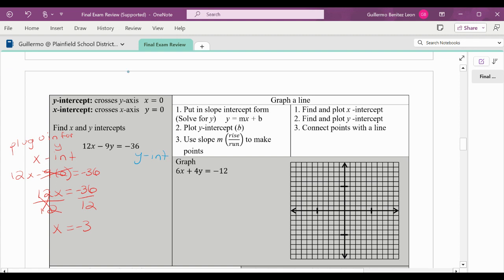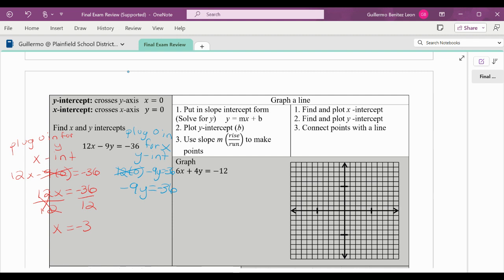To find the y-intercept, you're actually going to do the opposite. You're going to plug 0 in for x. So 12 times 0 minus 9y equals -36. That cancels. -9y equals -36. If there's a mistake, it would have been right there.